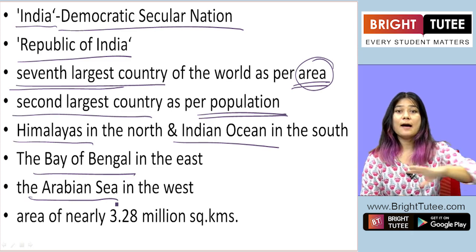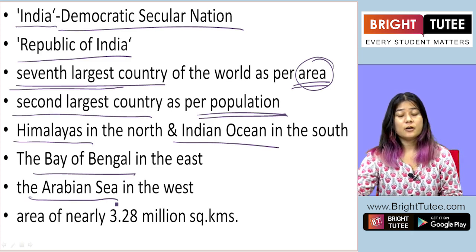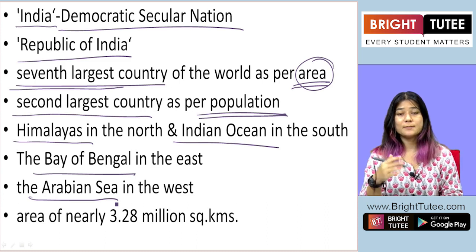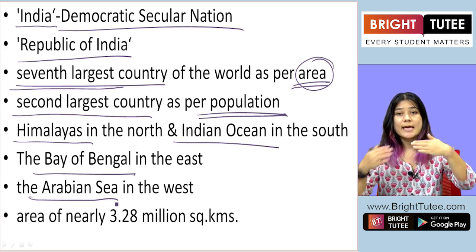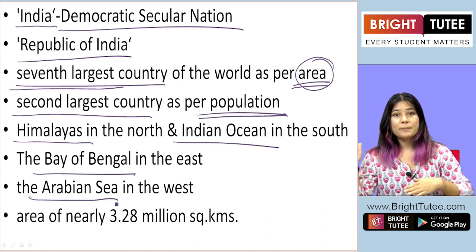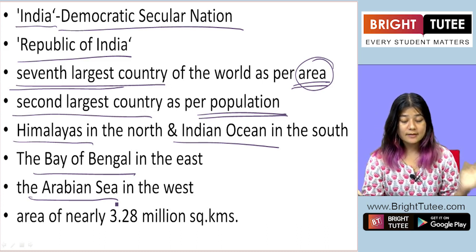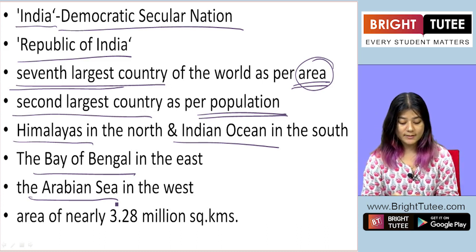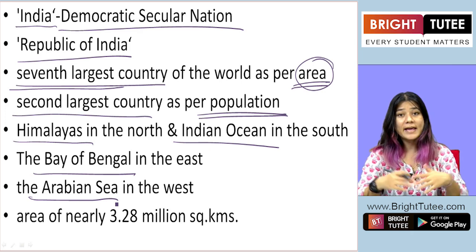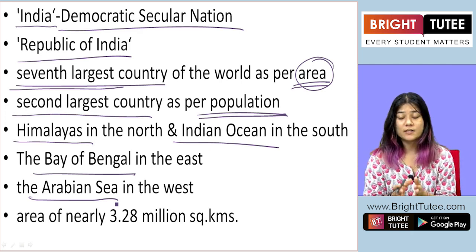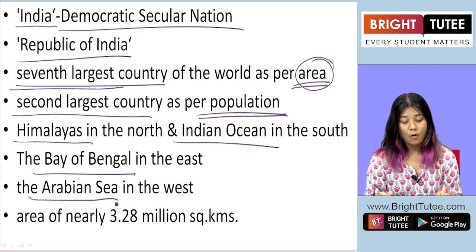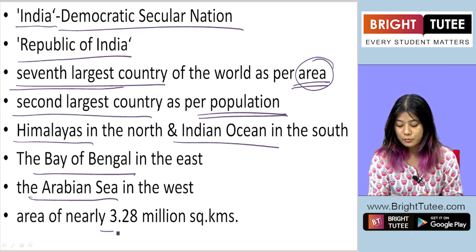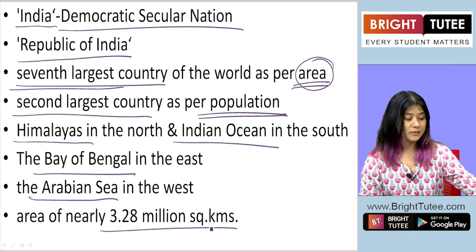So it has the large stretch of the Himalayas mountain range in the north, Indian Ocean in the south, Bay of Bengal in the east, and Arabian Sea in the west. Okay. So the area that India covers is nearly or almost 3.28 million square kilometers.